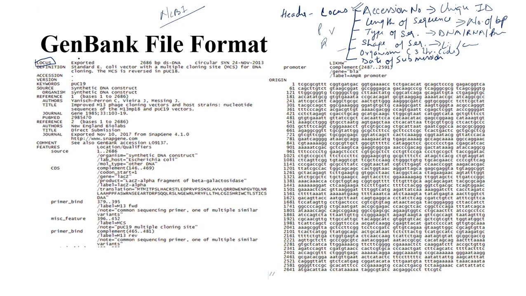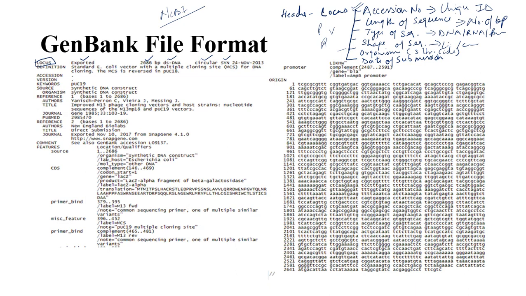Just see here, it is mentioned here that it is exported. This is just a sample file. I'll show you some more files. It is just an exported one, so it does not have an accession number. It contains 2686 base pairs. It is double stranded DNA, circular, synthetic, because it is designed, not taken from somewhere else.